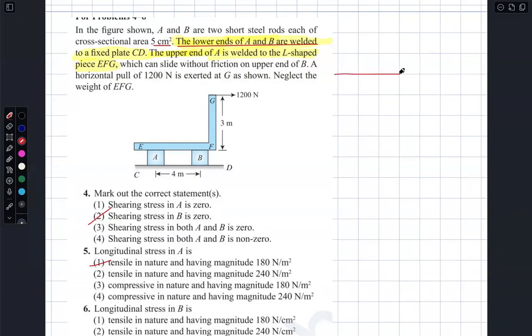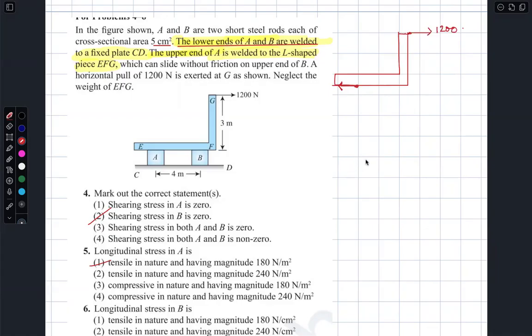See, I am drawing the free body diagram of the frame, the L-shaped frame. In the portion of A, you will find some force like this. Of course, you are applying some force, 1200.